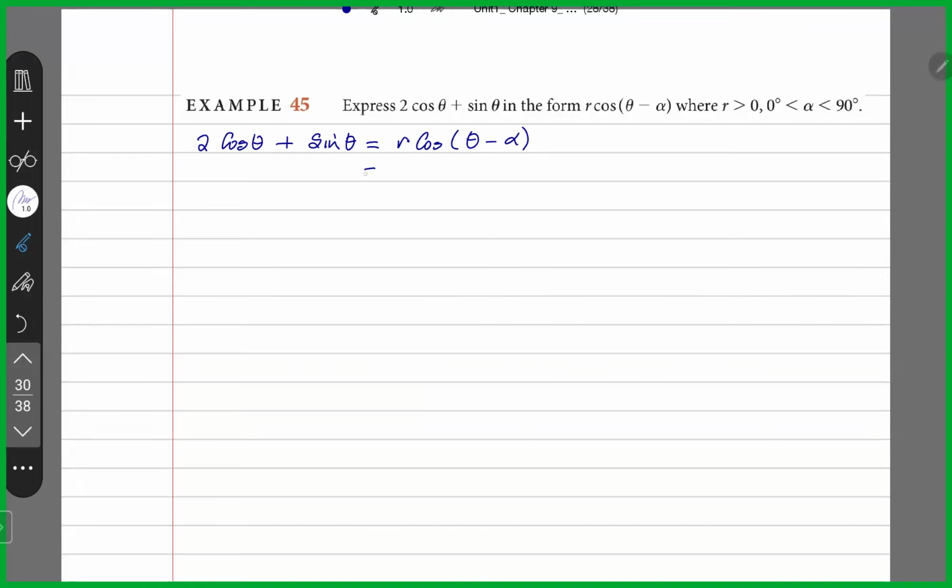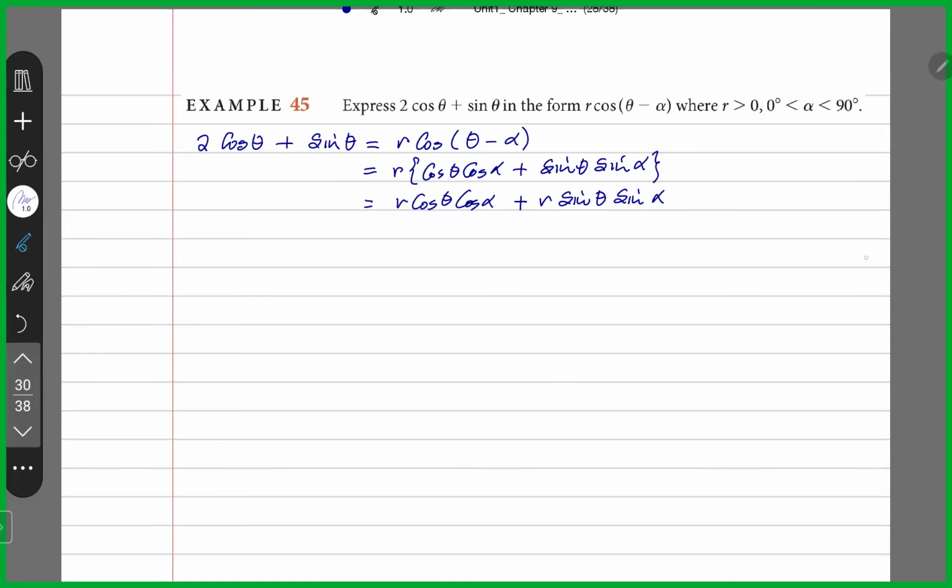If I expand on the right, I'm going to get R cos theta cos alpha plus sine theta sine alpha, distributive law, plus R sine theta sine alpha.